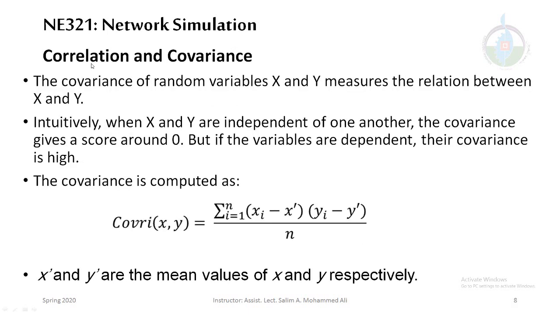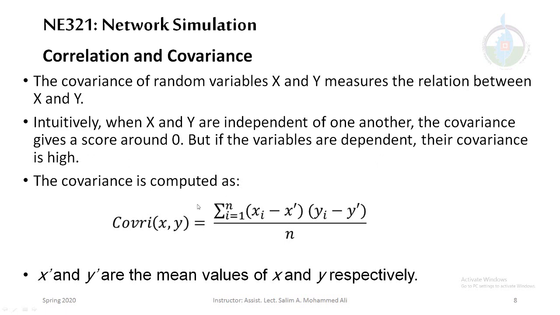Okay, now we have 2 important terms, correlation and covariance. They are very important. The covariance of random variables x and y measures the relation between x and y. Intuitively, when x and y are independent of one another, the covariance gives a score around 0. But if the variables are dependent, then their covariance is high. The covariance is important.